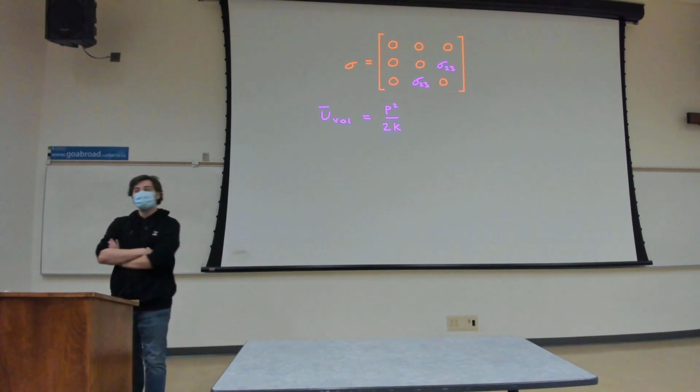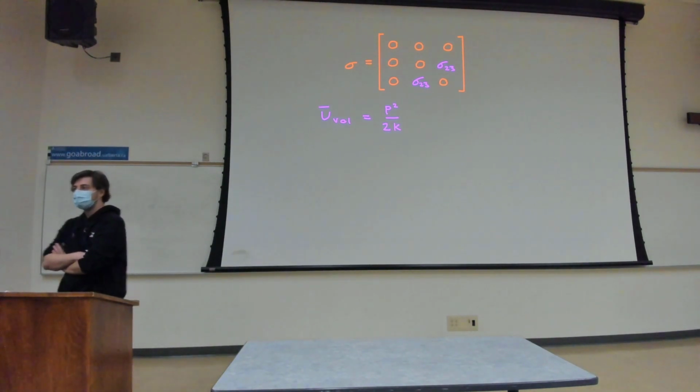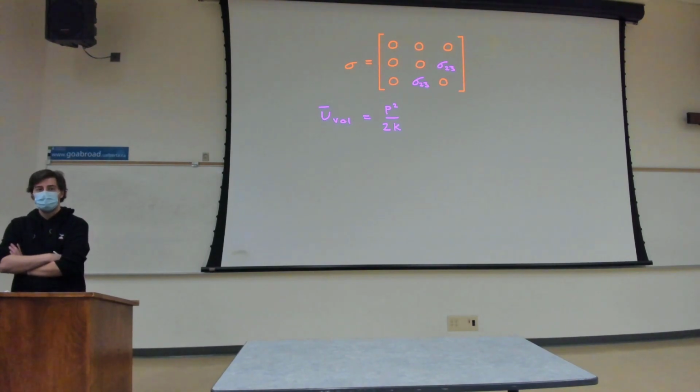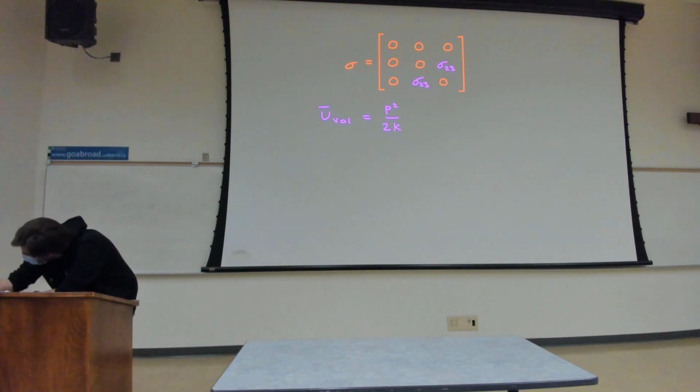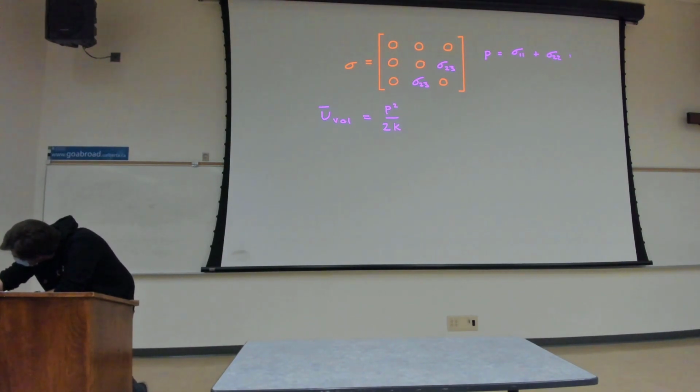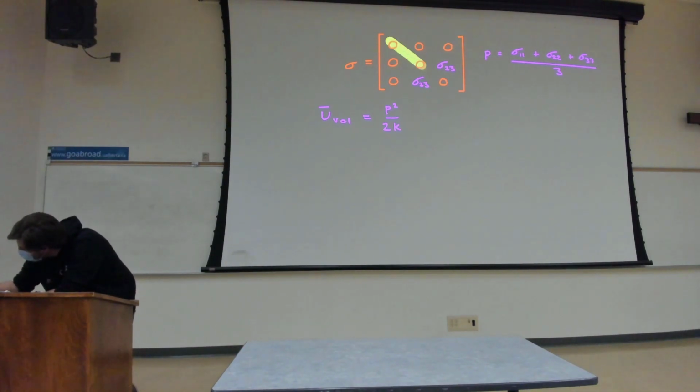What is the hydrostatic stress from the stress tensor? 0. Remember that hydrostatic stress is equal to sigma 1, 1 plus sigma 2, 2 plus sigma 3, 3 divided by 3. It's the average of the normal stresses. And if I were to look at my normal stresses, well, they're all 0.